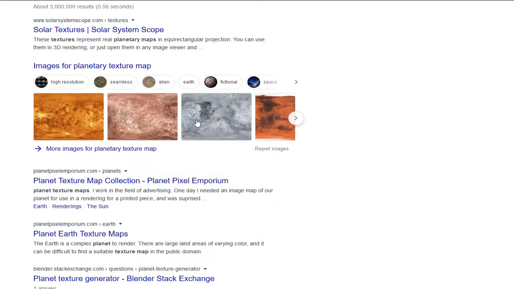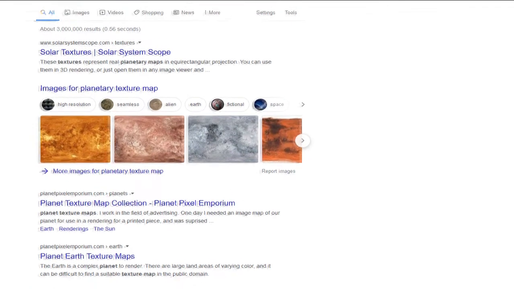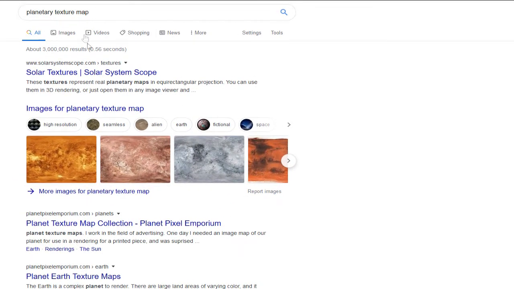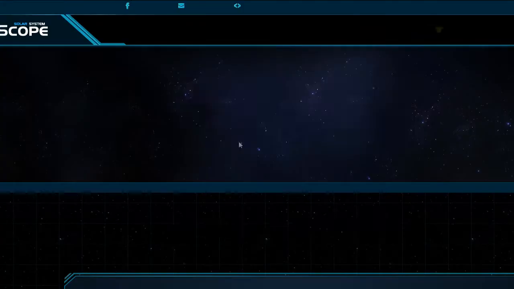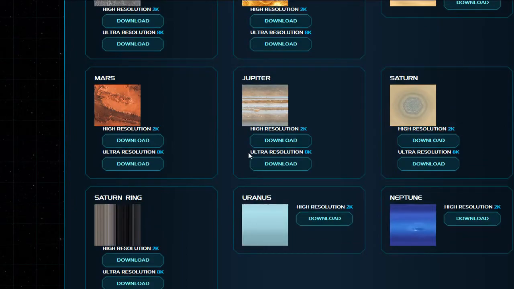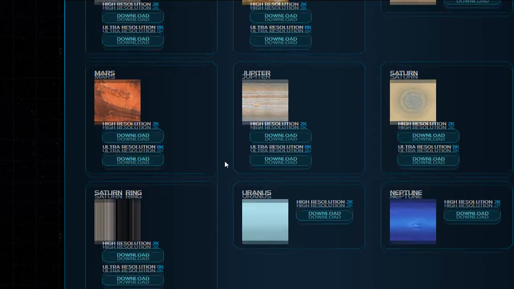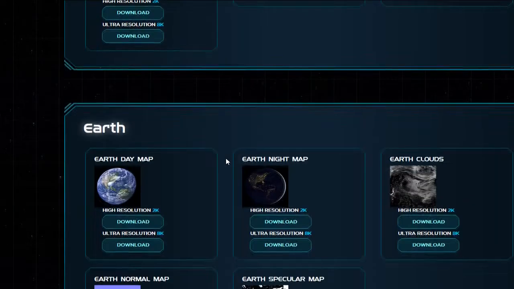Now, if you want to find where to get maps, put in planetary texture map in Google. Yeah, like you see here. And you should find some texture maps. And I'll tell you what to look for. Obviously, we don't need Jupiter or Mars. But let's see, where's Earth? Yeah, there we go.